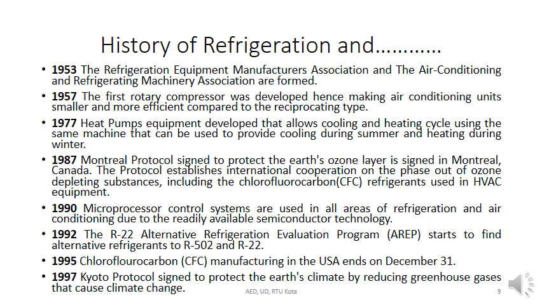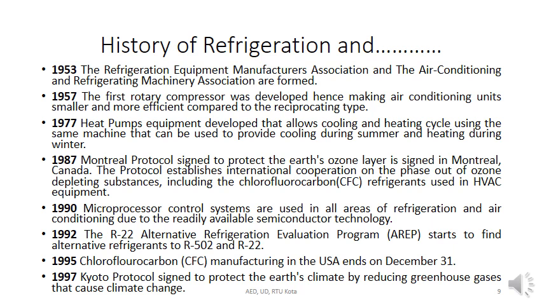But due to the development of hazards to the natural environment, environmental condition around earth, two important protocols were signed. One is known as Montreal Protocol, another one is Kyoto Protocol.